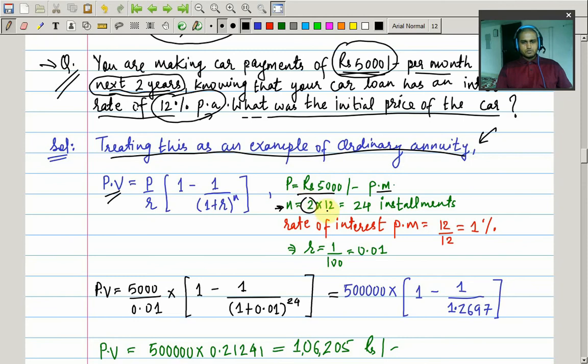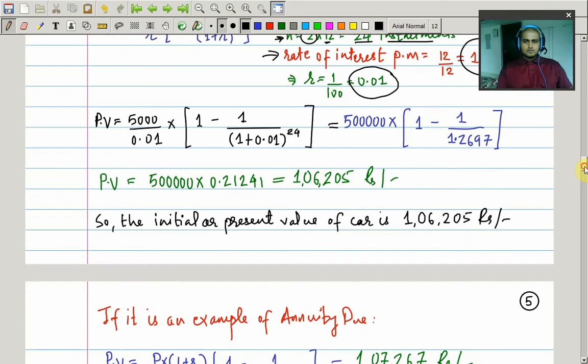So in 2 years, 12 times, so 24 installments, and I want to repay my complete loan. The rate of interest per month is 12 by 12, 1%. So what's the value of R? R is 0.01. And the remaining is routine calculation.